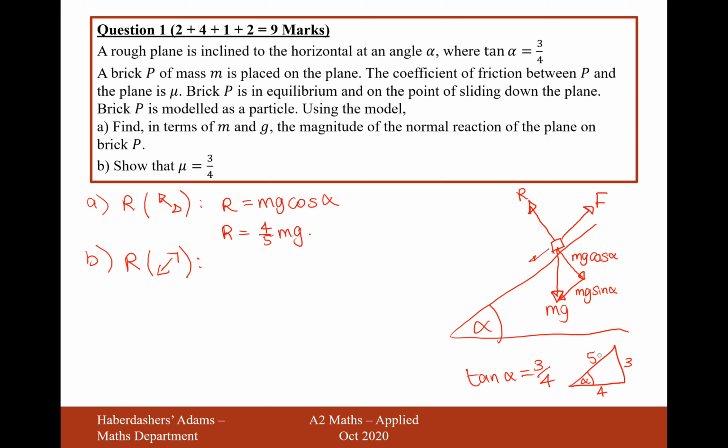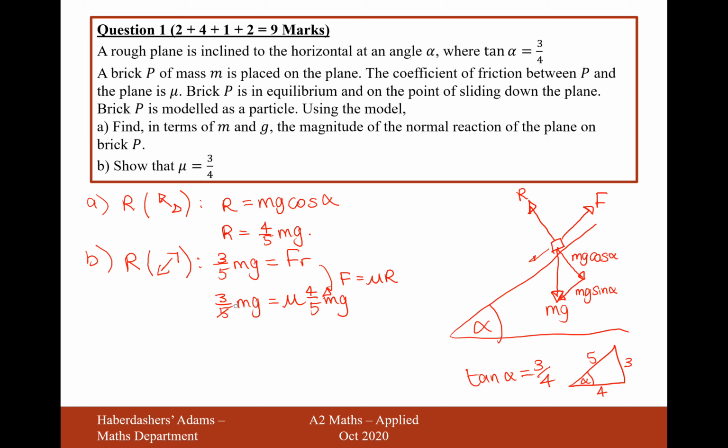Sine alpha is going to be 3/5, so it's going to be 3/5 mg will equal the friction force. Now we can use F equals mu R for the friction force because it's on the point of moving down the plane, so that's going to be 3/5 mg equals mu, which we don't know, times R, which we do know, 4/5 mg.